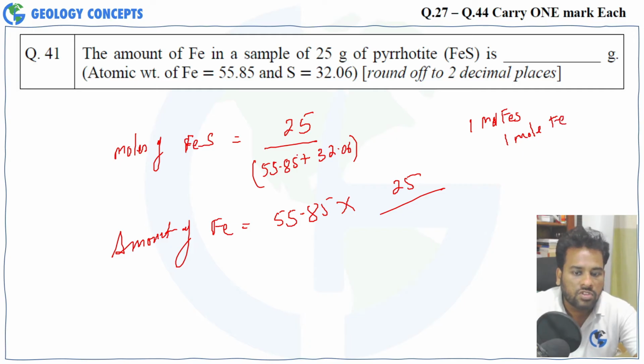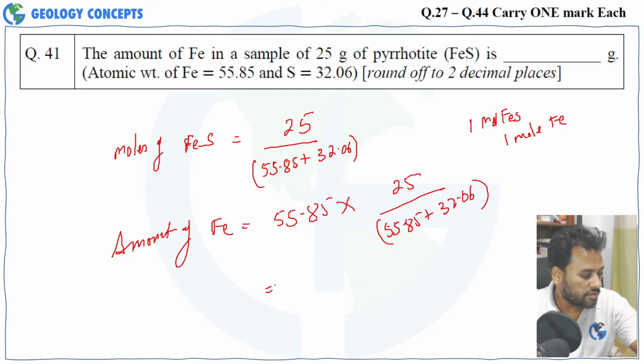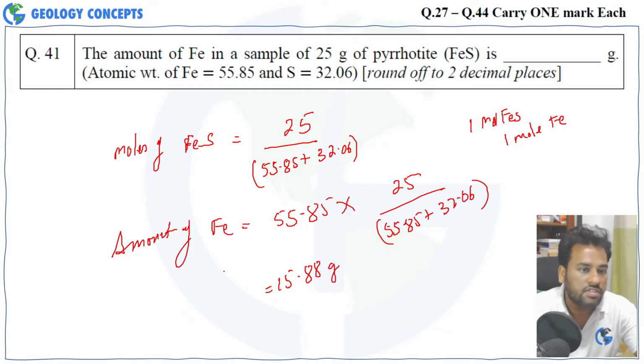So these many moles of FeS will have these many moles of Fe. This is the ratio. Now if you solve this, you will get the answer. I have already solved it. So the answer is 15.88 grams.